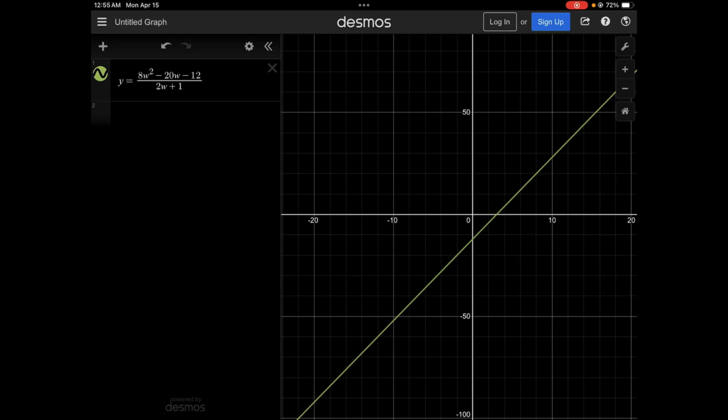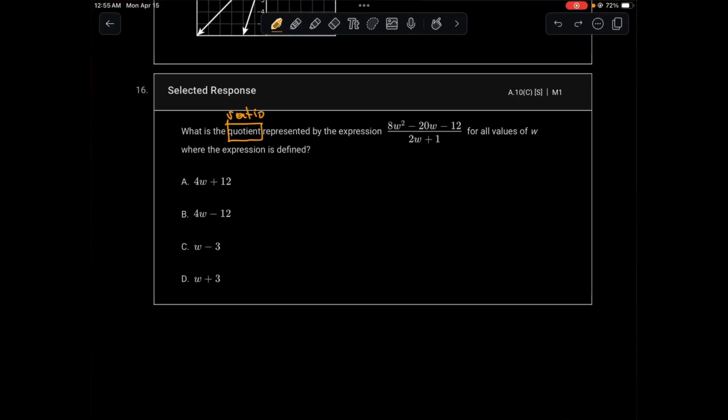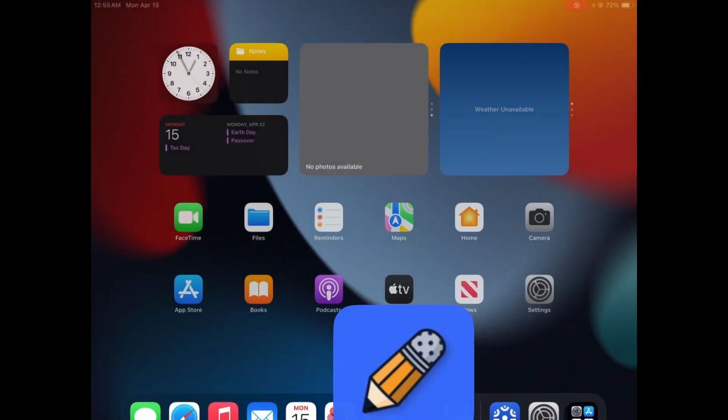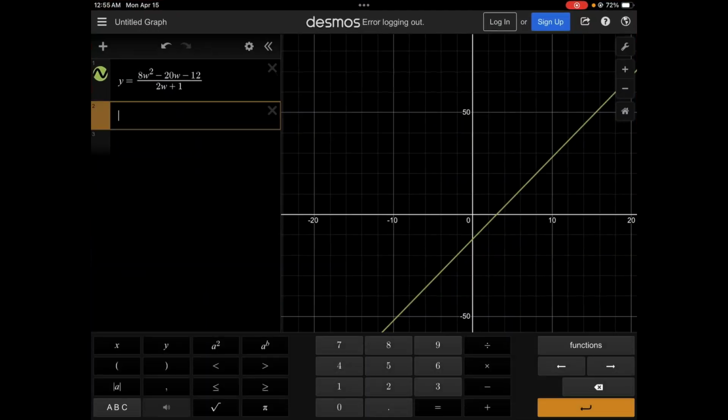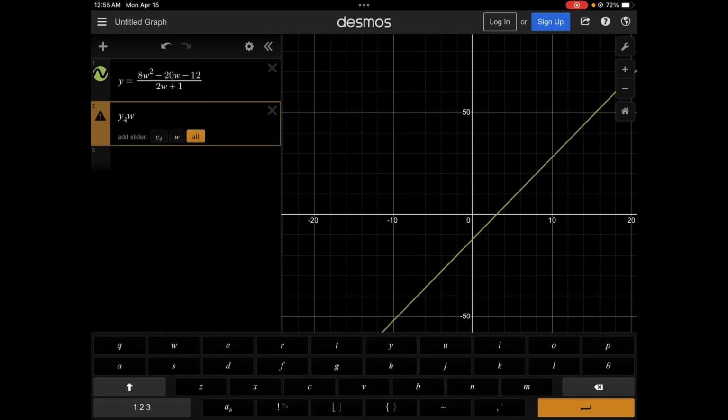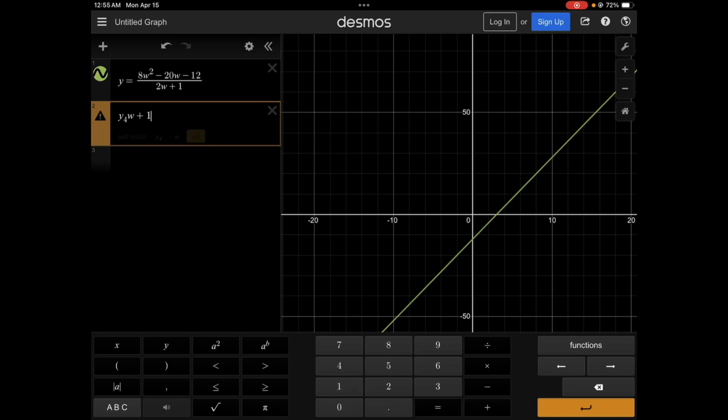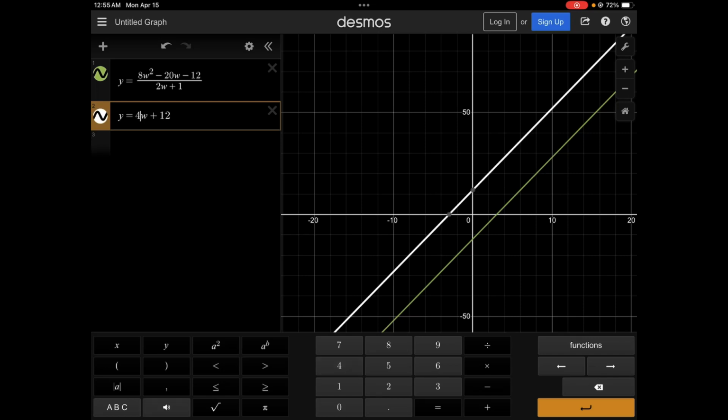Okay, now we go and do the other one. 4w plus 12 and then minus 12. Let's see if any of those is correct. 4w plus 12. Oops. It's not.